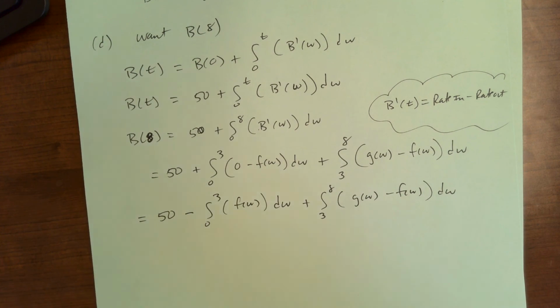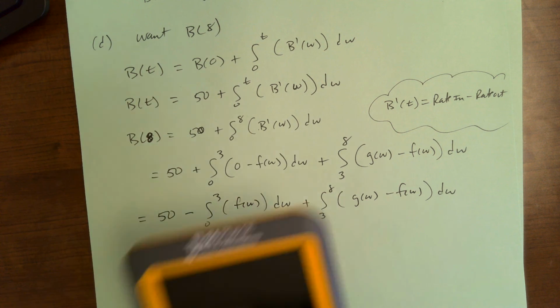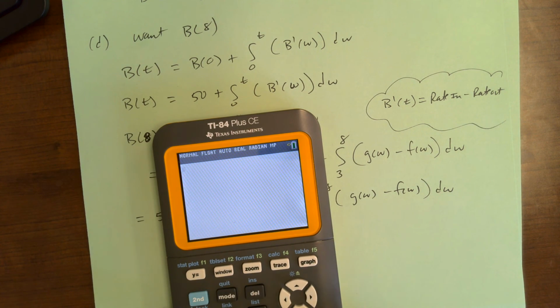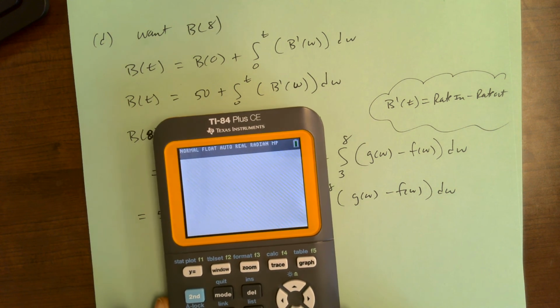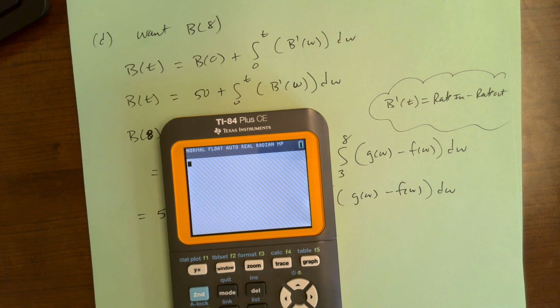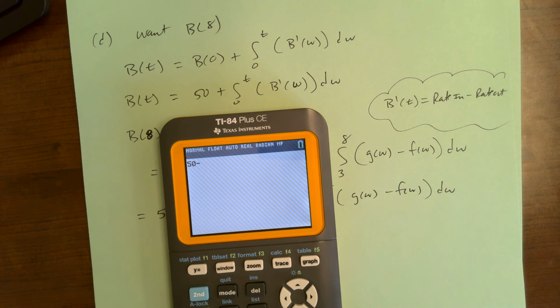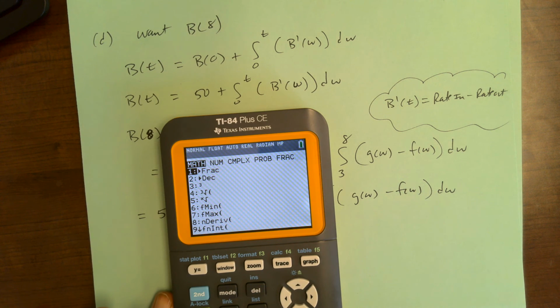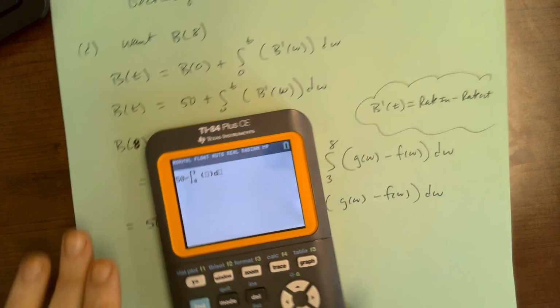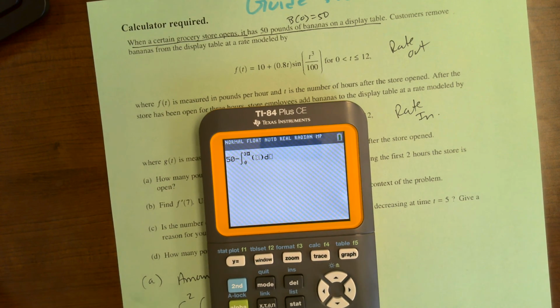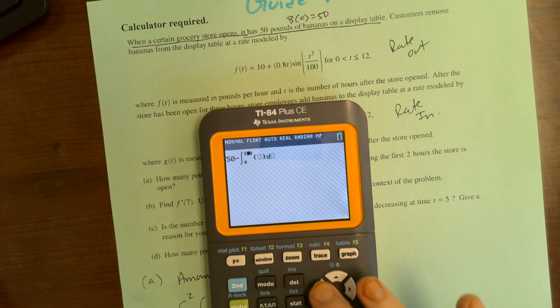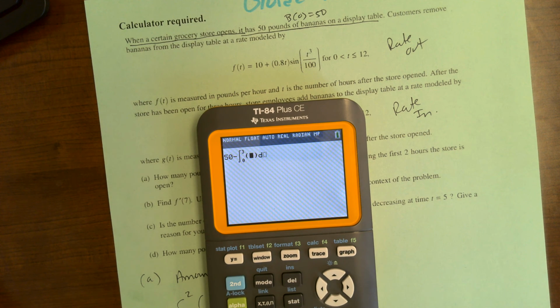Okay. Now I'm going to type very carefully into my calculator. So 50 minus math 9, 0 to 3. And I'm typing in just f. 10 plus 3.